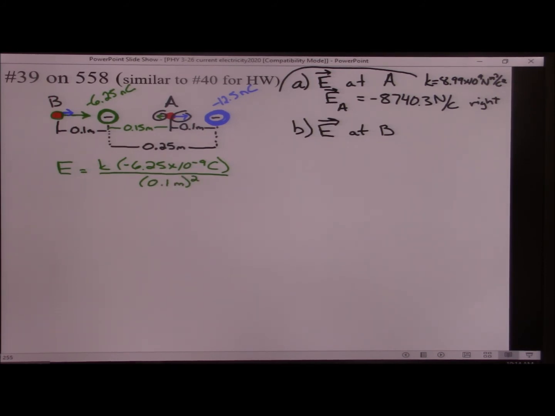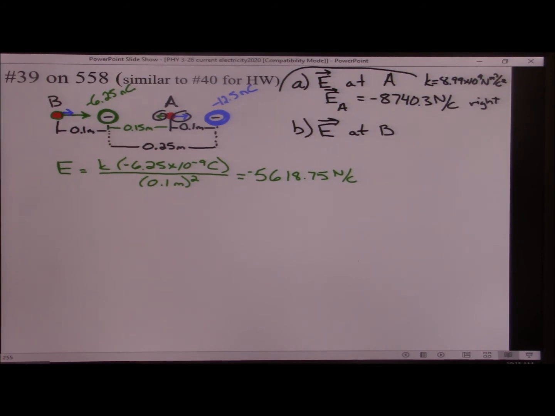And remember to square it. And if we plug all that in, we find 5,618.75 newtons per coulomb, and that is going to the right.